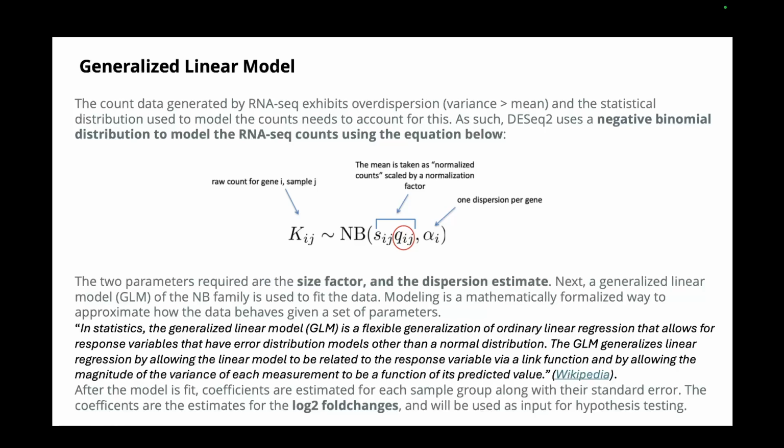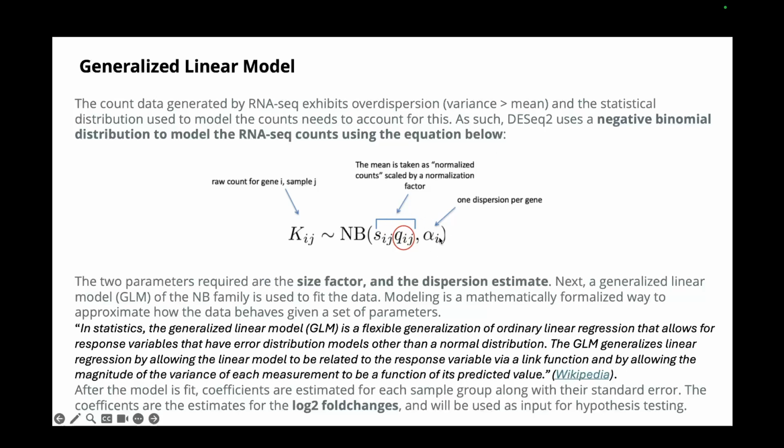How we represent this distribution is basically with the mean and the variance. When we represent a normal distribution, we write it as N in brackets 0, 1, which means you have a mean of 0 and a standard deviation of 1. Here it's a negative binomial distribution with a mean which is scaled by a normalization factor, because this mean is taken as normalized counts.